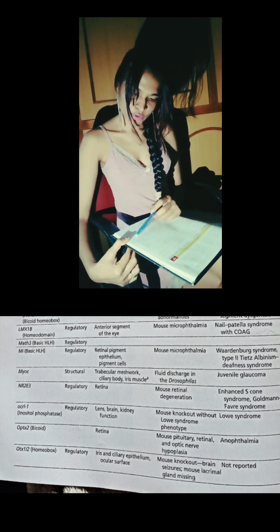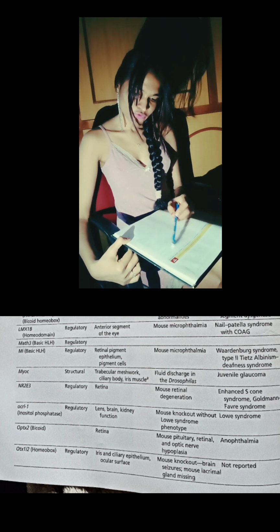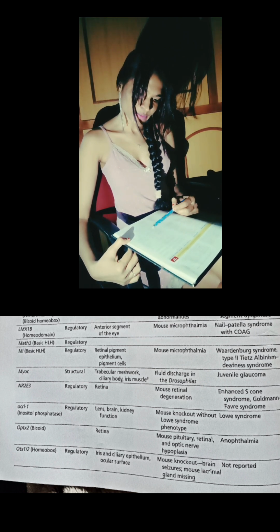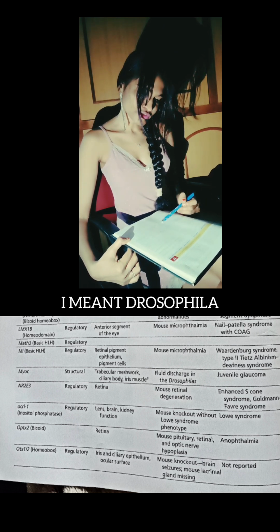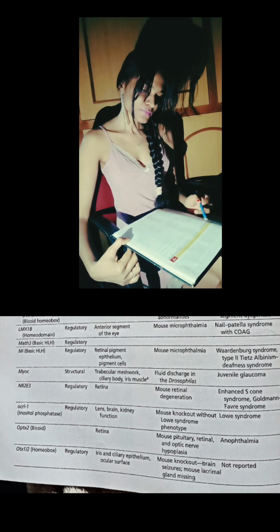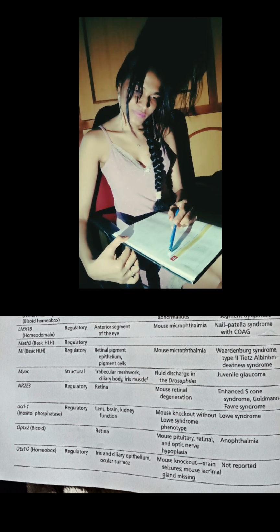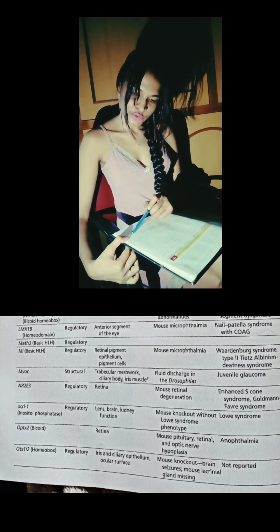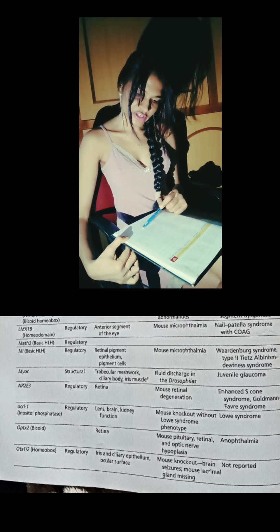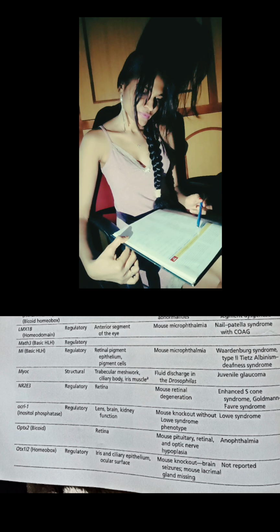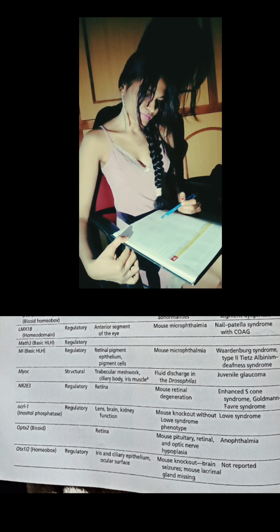Gene MYOC, function is structural, tissue expression trabecular meshwork, ciliary body, iris muscle, animal model, fluid discharge in Drosophila, human disease juvenile glaucoma. Gene NR2E3, function is regulatory, tissue expression retina, animal model mouse retinal degeneration, human disease enhanced S-cone syndrome, Goldmann-Favre syndrome.